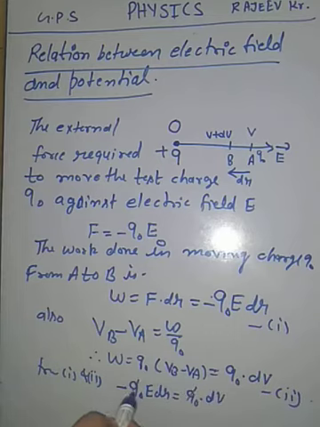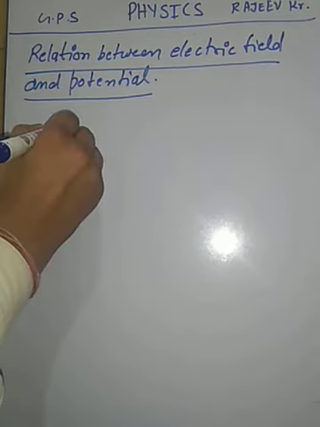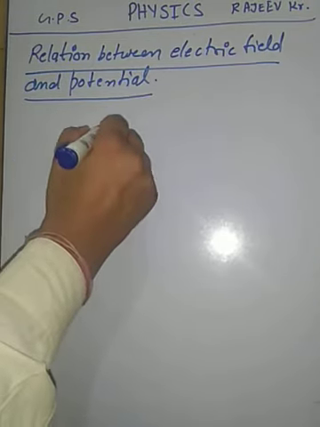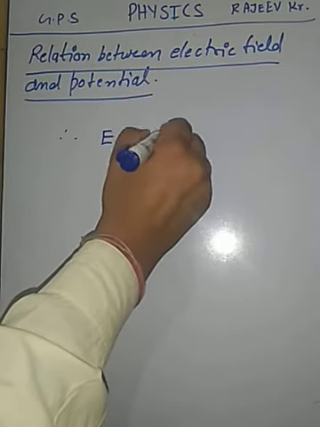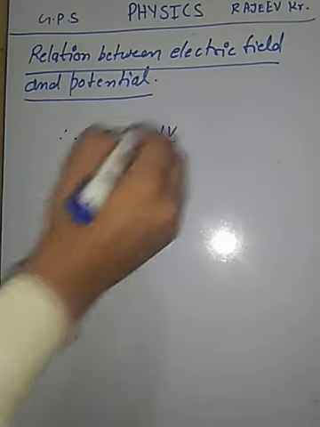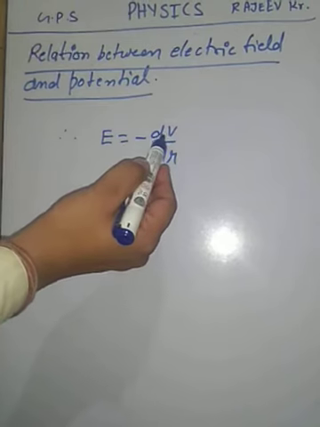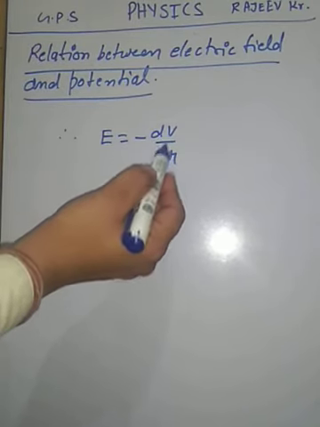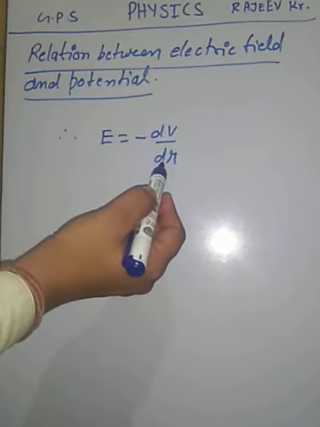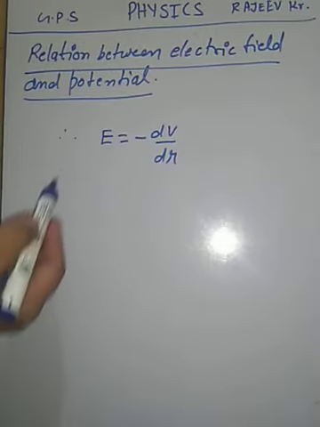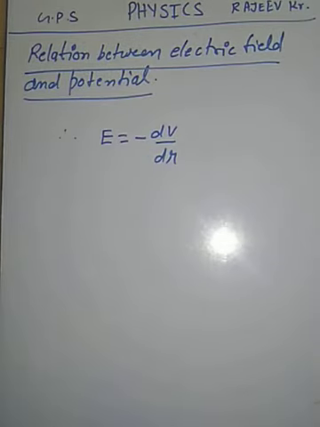Q naught and Q naught cancel out, therefore E equal to minus dV by dr. Therefore, we got the relation E equal to minus dV by dr, where dV is the change in potential or potential difference, dr is the separation between them, and E is the electric field.